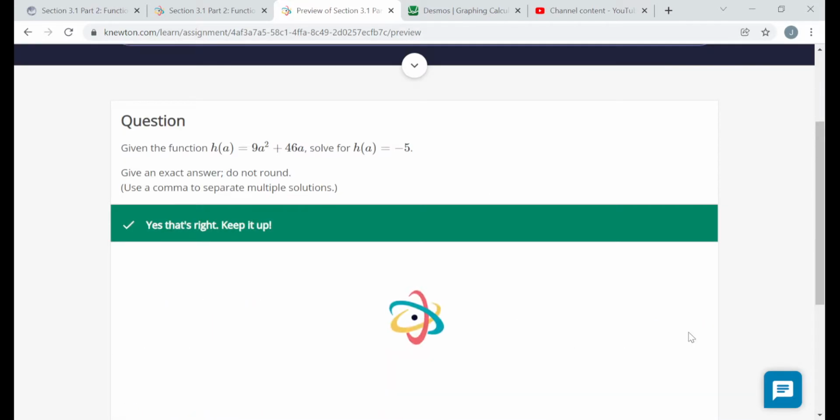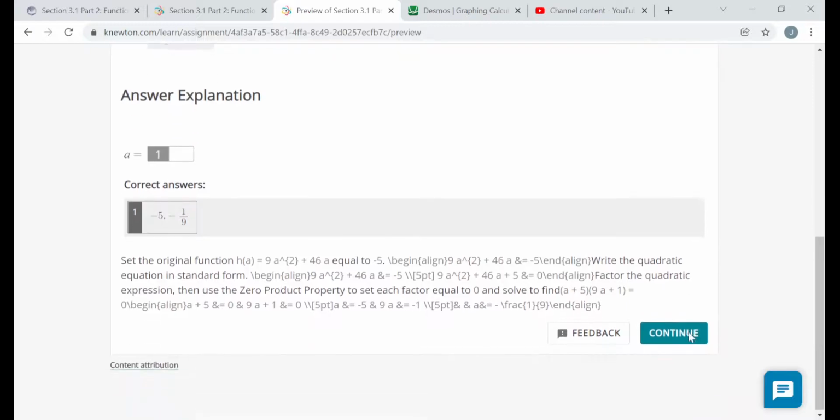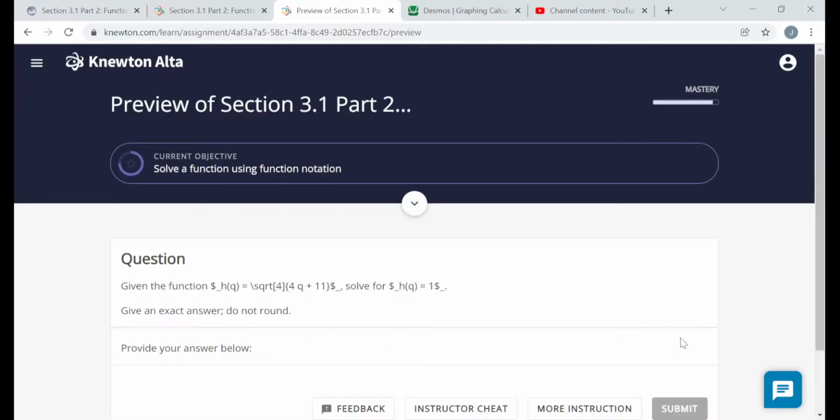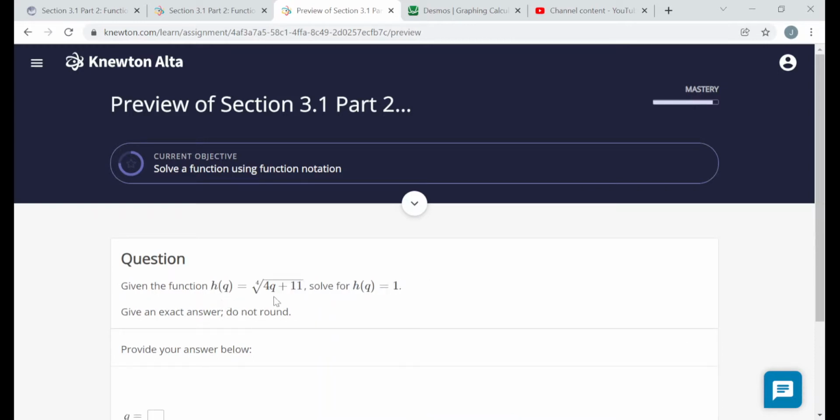Great. All right, I should have just one more of these. Yeah, so here's h of q, some fourth root function. Remember, that's the fourth root, not square root. All right. Solve for h of q equals 1. So what values of q will give me an output of 1?